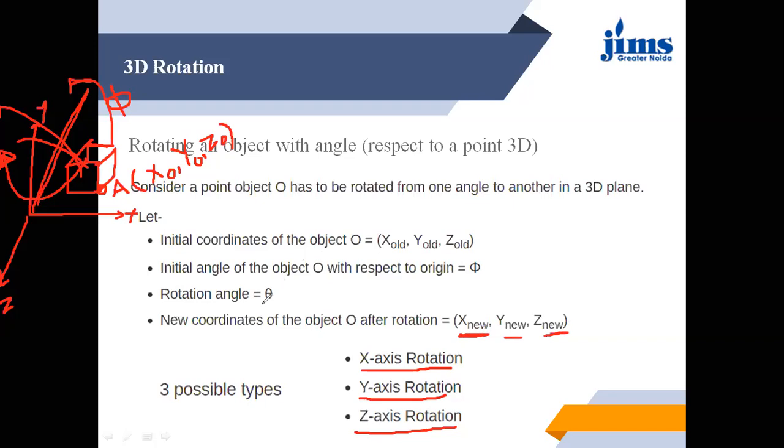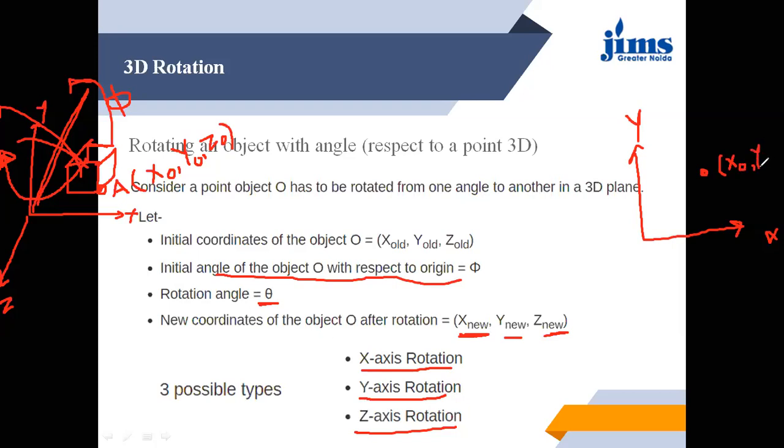Whereas the rotation angle is theta and the initial angle of the object. In 2D we discussed this: suppose this is the x-axis, this is the y-axis, and this is a point, a 2D object, with coordinates x old and y old.